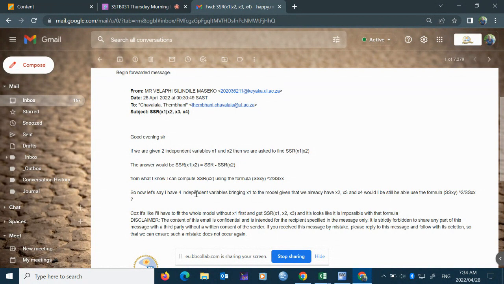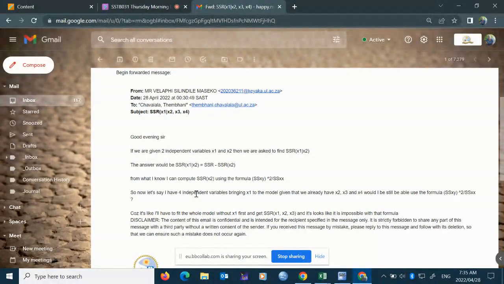No. As I've indicated, for partial F test and partial coefficient of determination, I will stick to a maximum of two independent variables if I want you to solve a question related to partial F test.